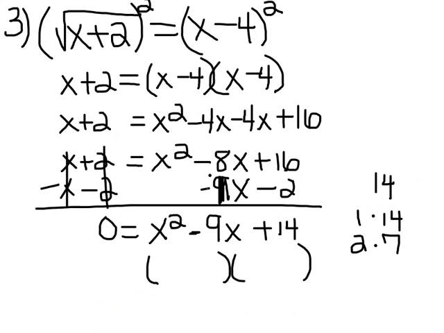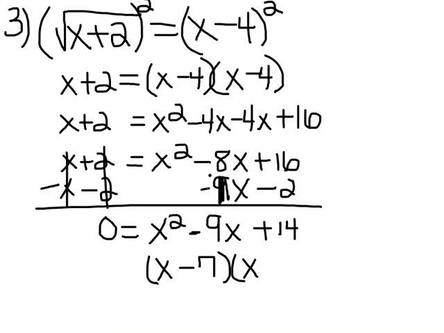Remember that the positive 14 here tells us that we had the same signs, and we're adding to a negative 9, so they both had to be negative. So 2 and 7 are the factors that we were looking for, and this will be factored into x minus 7 and x minus 2 equals 0.